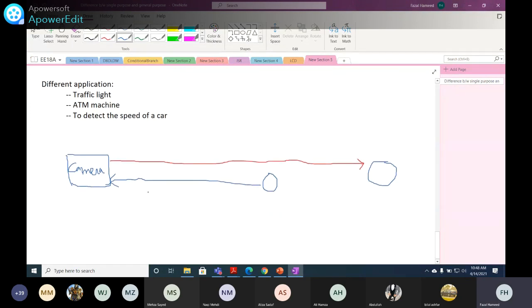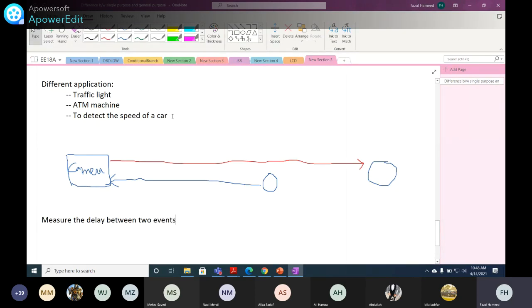Then it can measure the delay between the time the signal was transmitted and the time it was received. So how can you measure the delay? You measure the delay between two events.